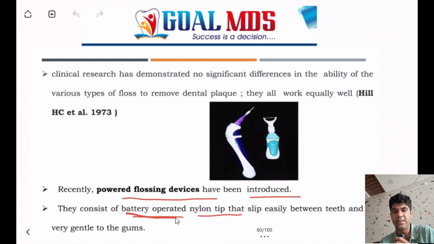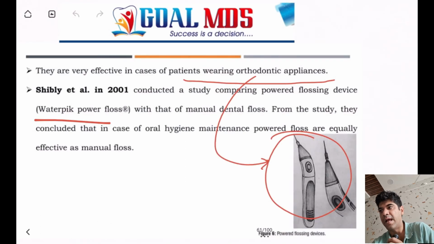Other are the power brushes. The power brushes are battery operated and have a nylon tip that slips between the teeth and is very gentle to the gums.